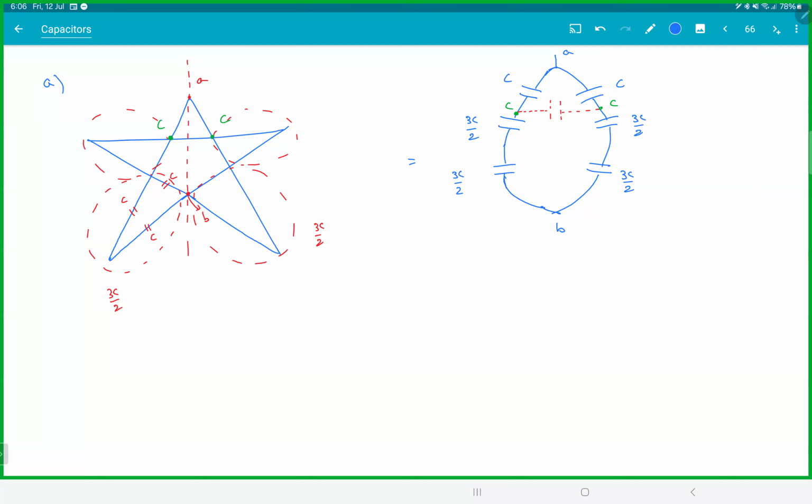So the left side will be how much now? 3C by 2, 3C by 2, 3C by 4. 3 by 7, 6C by 7. Yes, sir. Is this making sense, everyone? The thing in the middle can be removed.